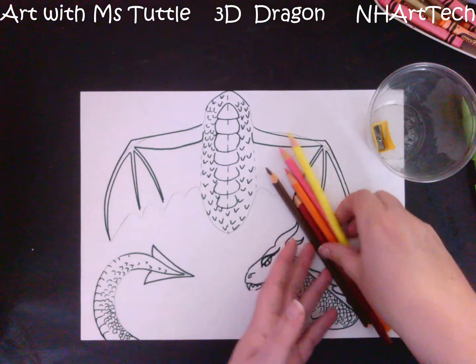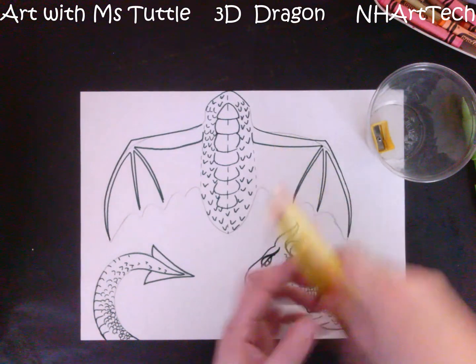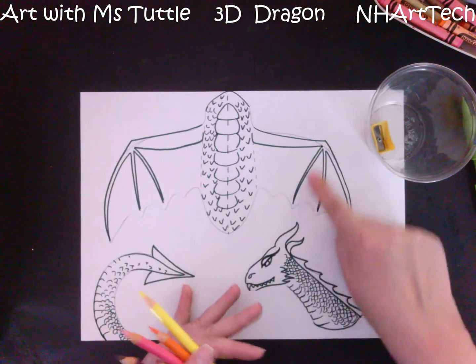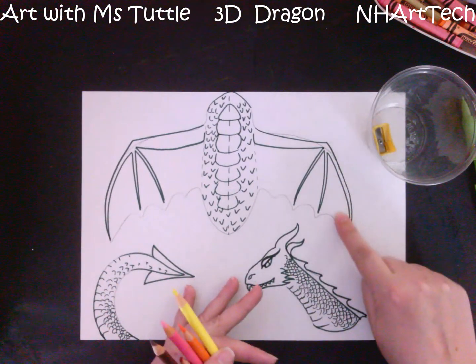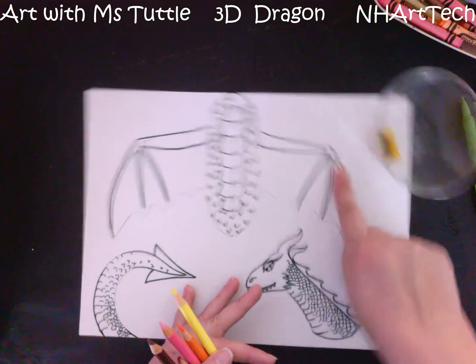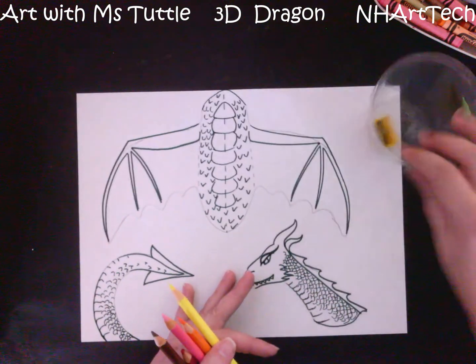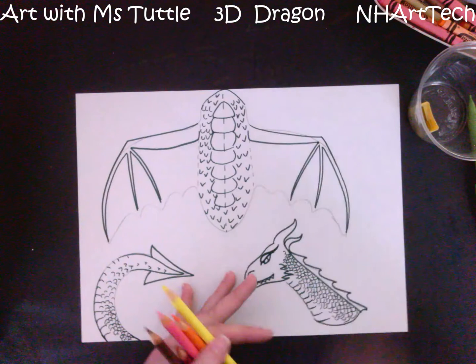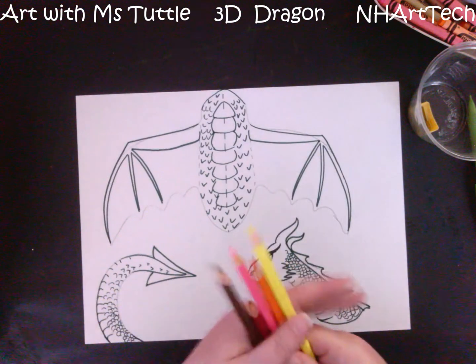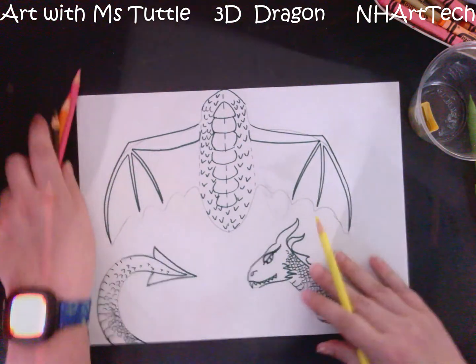Notice where I blend colors together, especially in these open parts, you could probably get some really cool effects, like almost like an ombre effect going out from the wings. So I'm going to start to color and I will check in a few minutes.